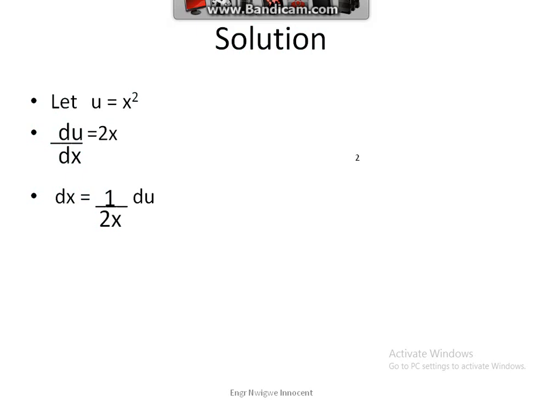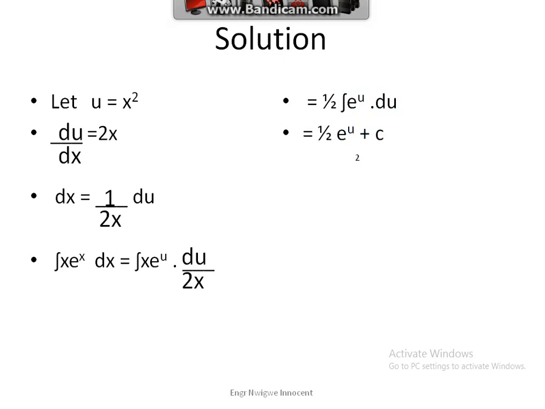The integral of x exponential x squared dx is equal to the integral of x exponential u times du over 2x, which is the same thing as half of the integral of exponential u du, which is equal to half of exponential u plus c, which is the same thing as half of exponential x squared plus c.